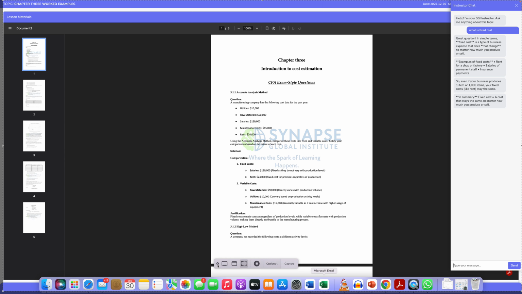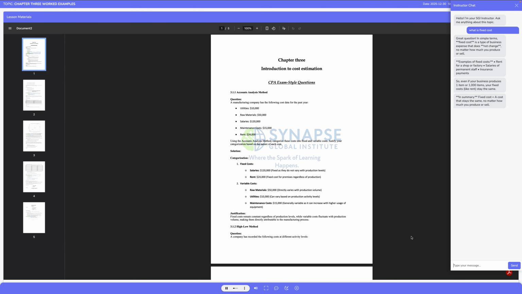The next step is to identify variable costs, which change in total in direct proportion to changes in activity. Raw materials costing $50,000 are a classic example of a variable cost because the more units produced, the more raw materials are consumed. Utilities of $10,000 are also classified as variable in this context because electricity, water, and fuel usage typically increase as production activity increases.